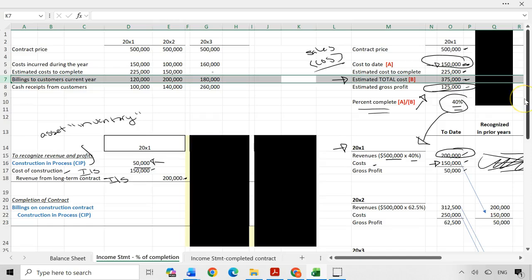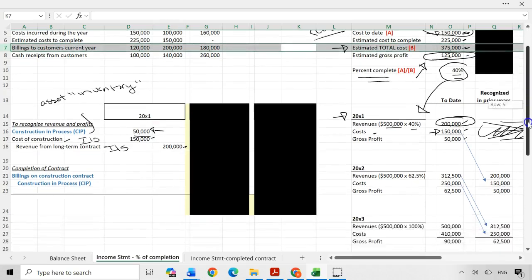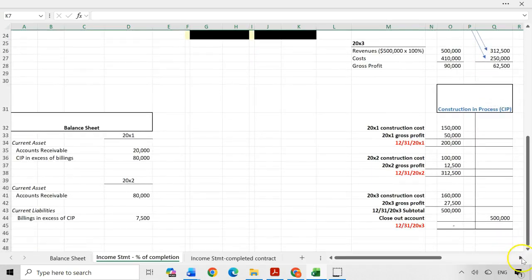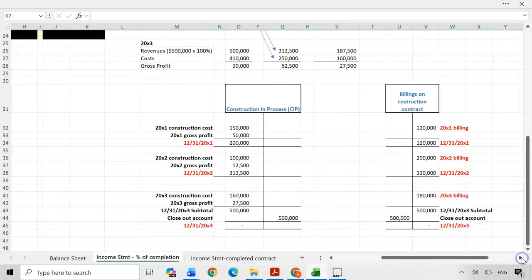Now I'm going to go through the T accounts because they're very important. You should be familiar with these T accounts if you watched the first video. We have our construction in process account, which is what we just talked about. We also have this contra asset account to the construction in process account called billings on construction contract.